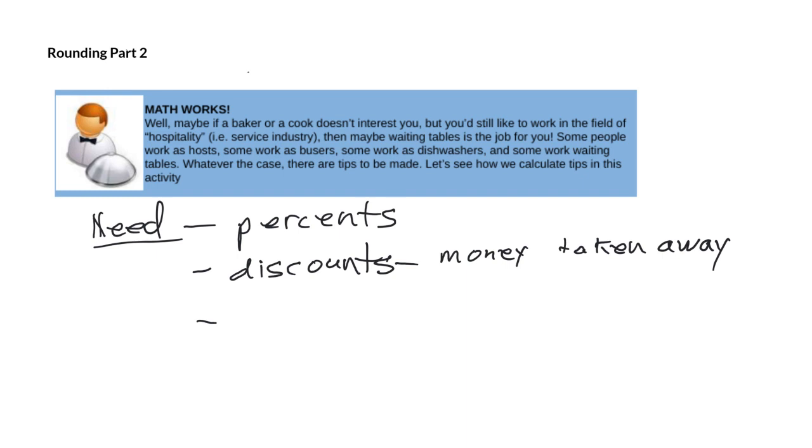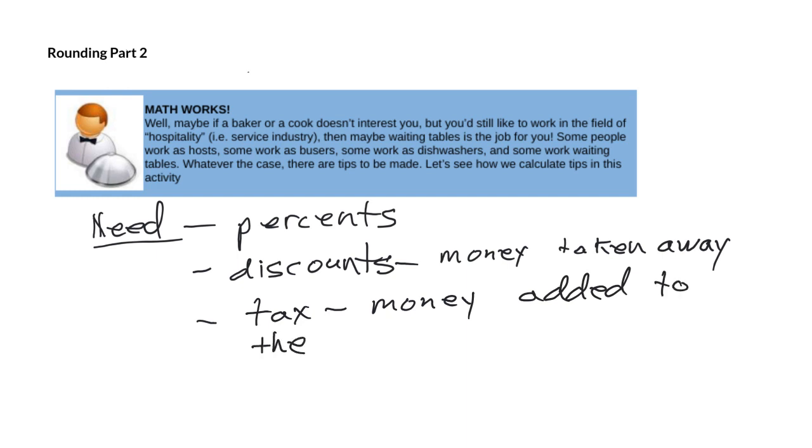We also need to be able to do tax, which is money added to the amount. And we also need to be able to round money to 2 decimal places.